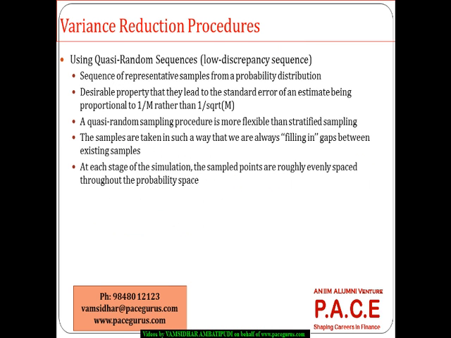And we can even talk about using quasi-random sequences, otherwise called a low discrepancy sequence. So again, we are taking from a probability distribution, we are sampling a sequence of random numbers, and it has a desirable property that the standard error is proportional to 1 by m, not 1 by square root of m.